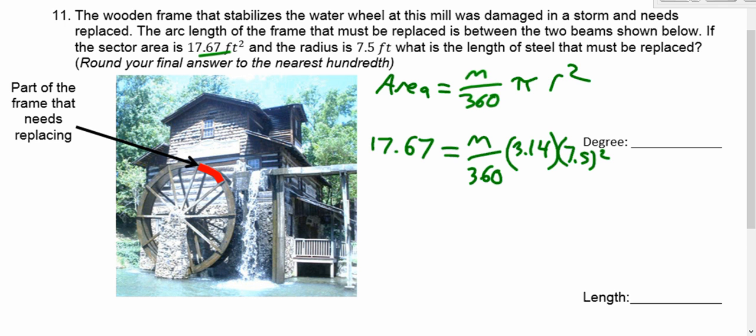So to solve this, I'm going to take all the numbers on the right side and put them together, just remembering that it's times m. When you put them together, you do 7.5 squared times 3.14. And then we have this over 360, so we're going to divide by 360. You get all that together, and you get 0.490625 times m.